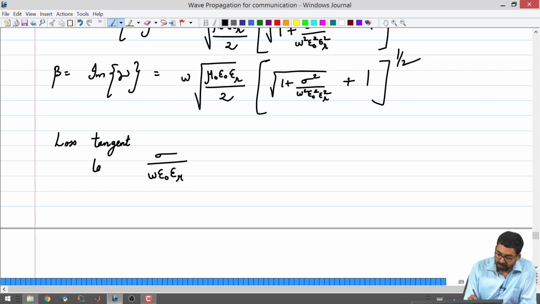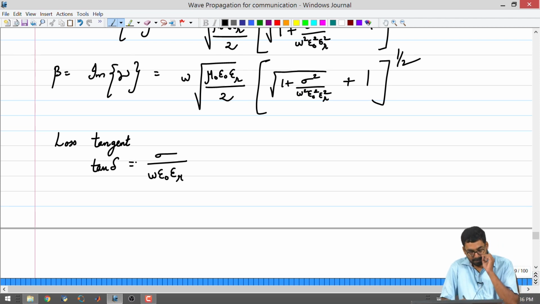They also mark it with the term tan delta, and you have sigma divided by omega epsilon naught epsilon r. The higher the value of this, the higher is going to be your attenuation, that is all, which we already know, because if sigma is higher, since sigma is present in the numerator of alpha, obviously you are going to have more attenuation of the electromagnetic waves that we are talking about.